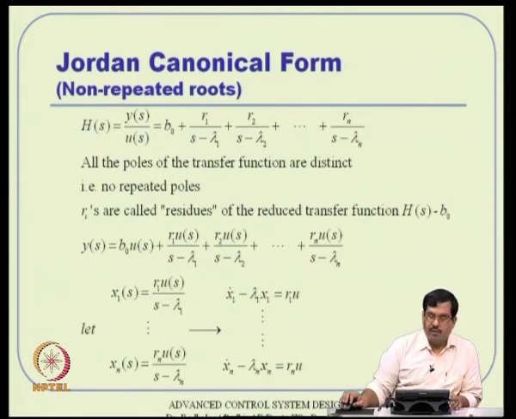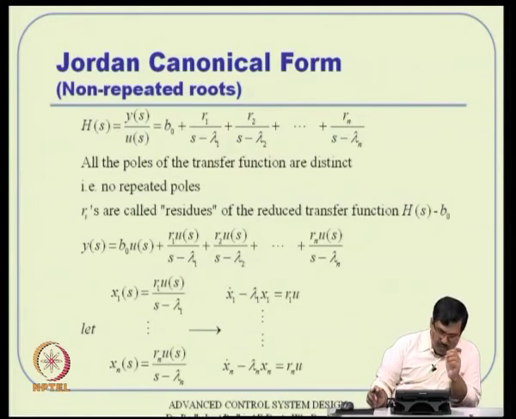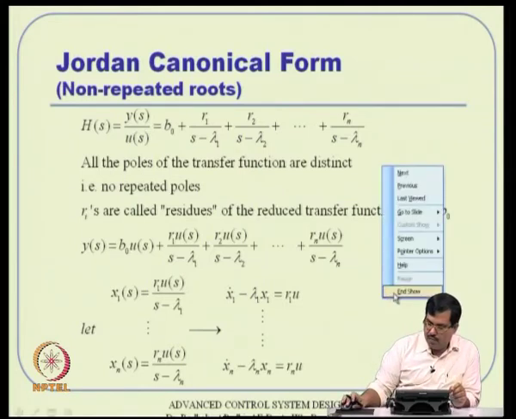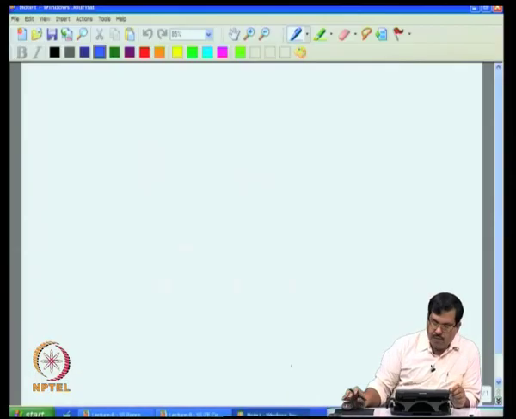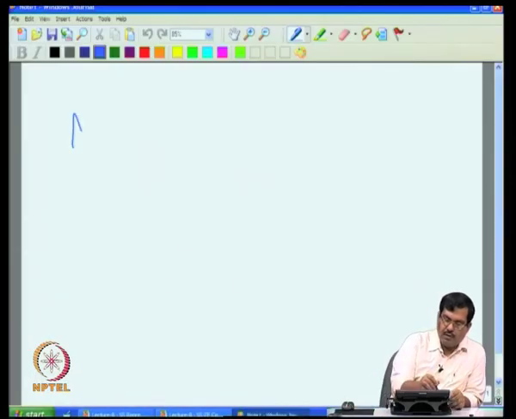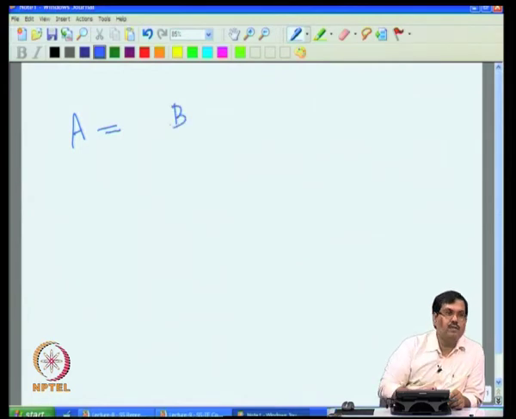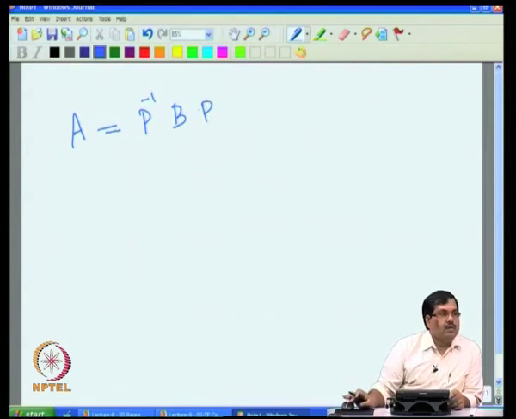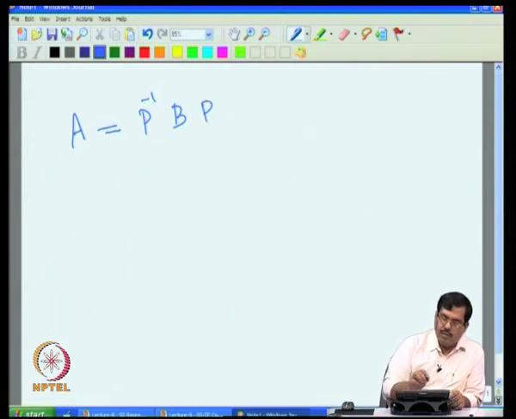That means, if you really have some sort of a matrix form, let me try to demonstrate that a little bit further. Now, let us say you have something like a matrix A. Now, the idea is can I get an equivalent representation in some form, tying that up with matrix B basically. And it turns out that I can do this by multiplying by P inverse and P here, where P is given by certain eigenvectors.